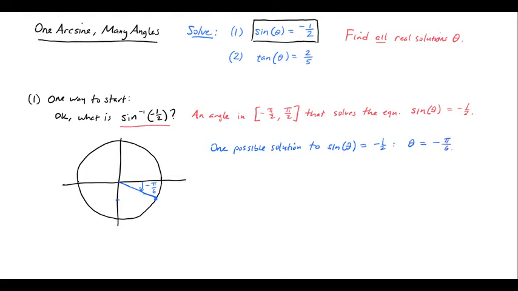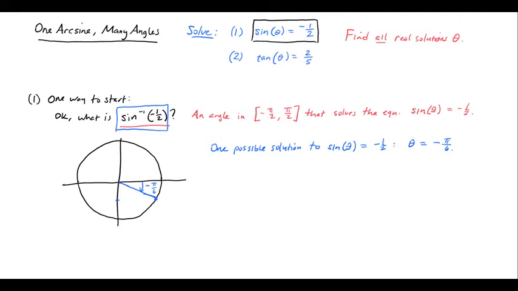And that's actually exactly what the inverse sine of -1/2 is. But while this expression here, this inverse sine or arcsine, has exactly one value, this equation here has many possible solutions, and this is just one of them.